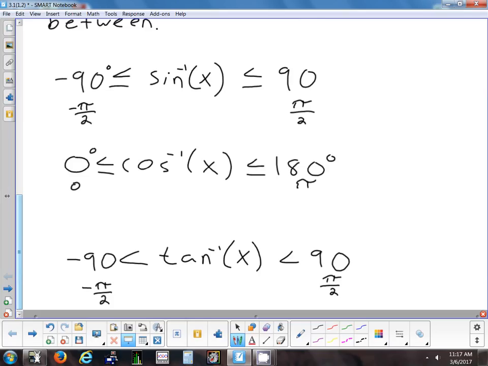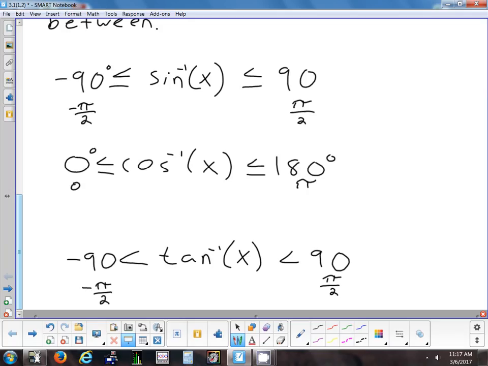Yes, that was going to be my next question. If anybody noticed the difference between the first one and the third one. They're both negative 90 to 90. But with inverse tangent, you will never get an answer that equals 90. And if you want to see why, look at your sheet, find the column with the angles in it, go down to 90 degrees, and then go over till you get to tangent.